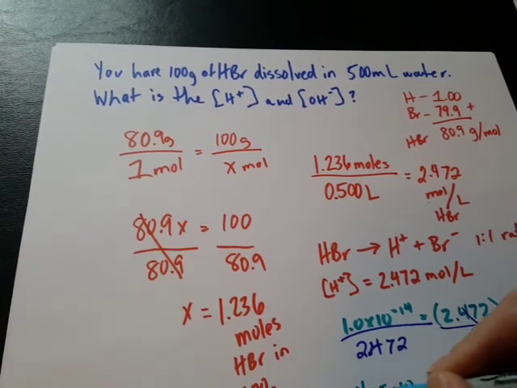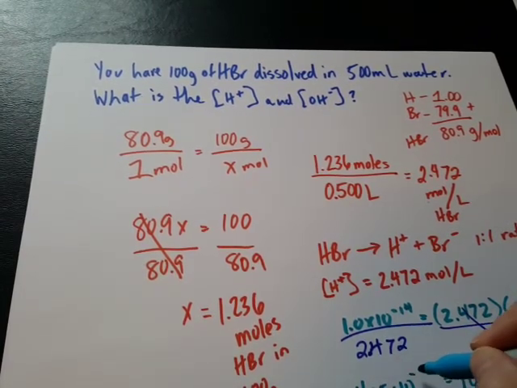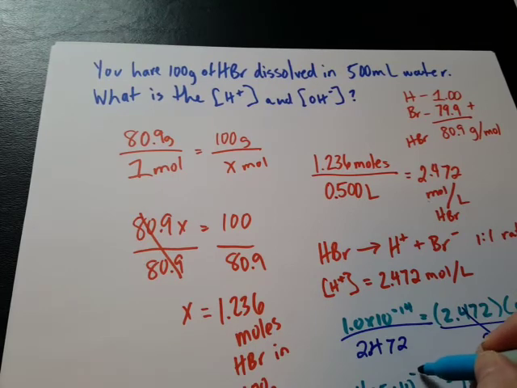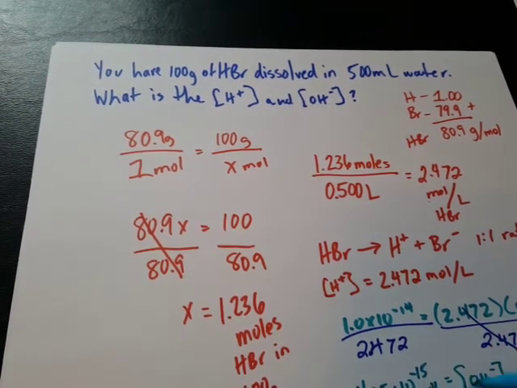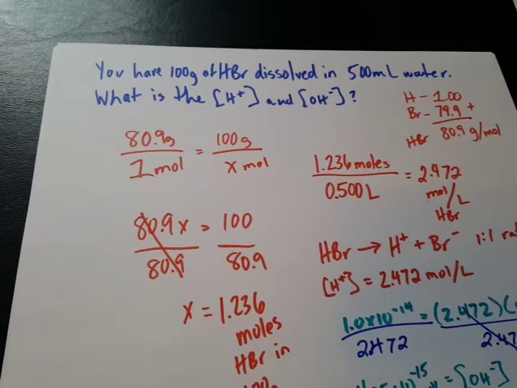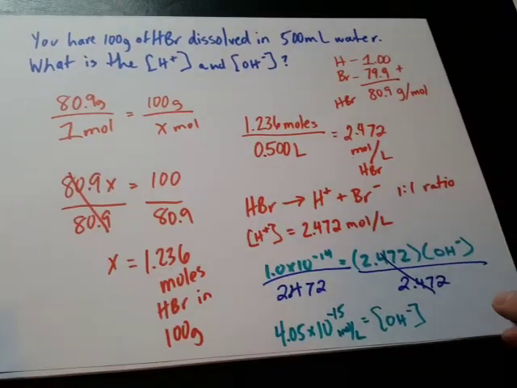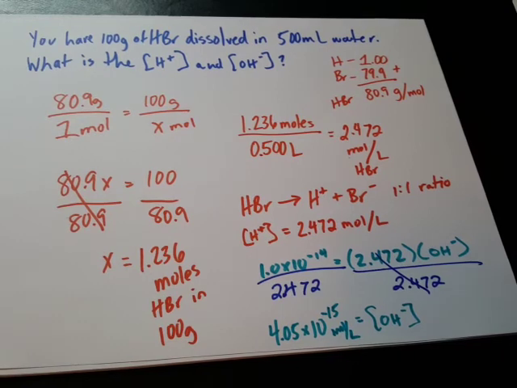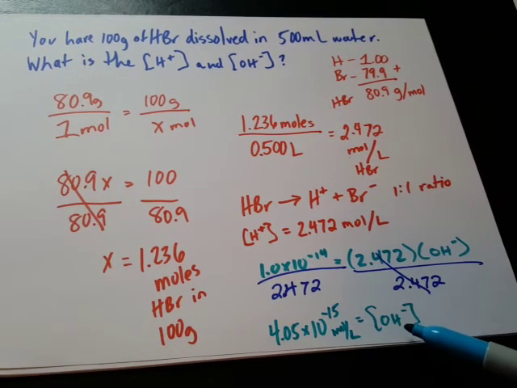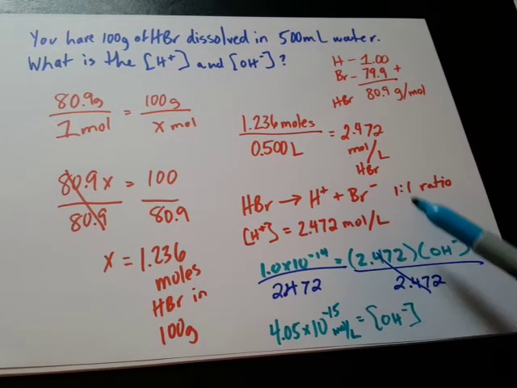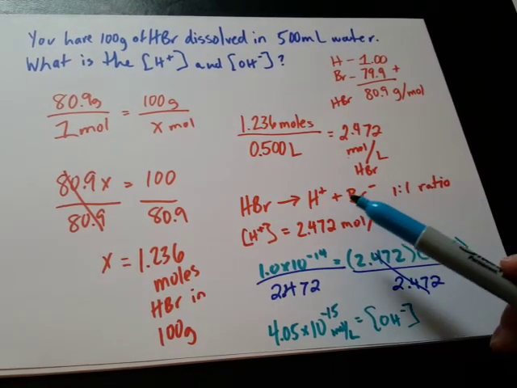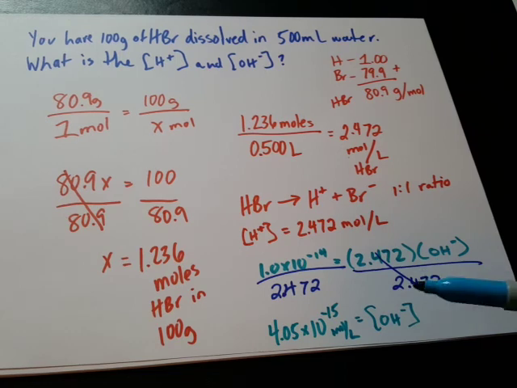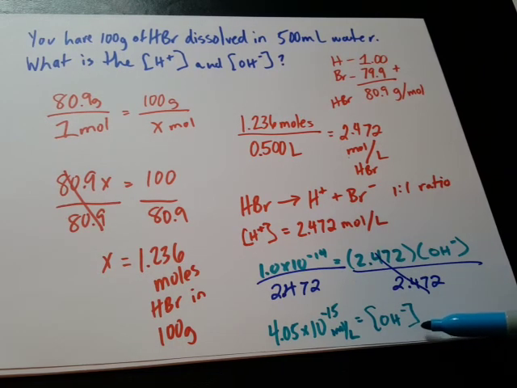It's also interesting to see how they represent this: 4.0 times 10 to the negative 15 moles per liter. A very, very small amount is actually present when this dissociates. Most of it will be your hydronium, or the proton. Very little of it will be hydroxide, given that it's a strong acid.